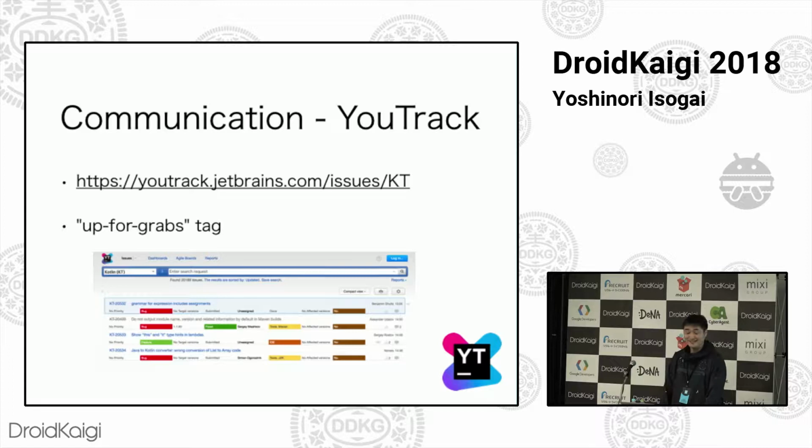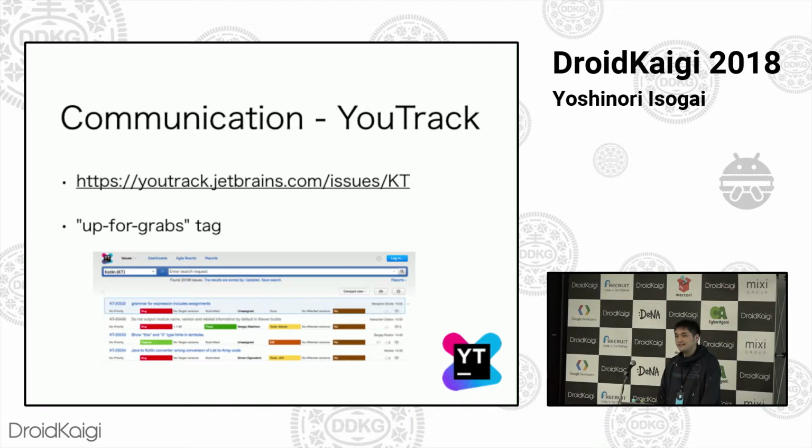Okay. Well, uTrack is this site. It is an issue management tool that JetBrains staff developed. If you go to this URL, you can see all public issues for Kotlin. You can view any issue in this URL without signing in. If you have no idea which issue you want to work with, then check for the up for grabs tag.